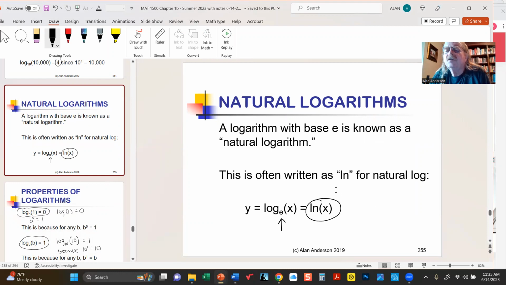I mean, at least in financial related applications, almost without fail, if you're using logs, it's a natural log. For certain disciplines like maybe chemistry and physics, it might be the other way around. But you don't run into the others very often, like base 2 and 4 and 8 and those others.